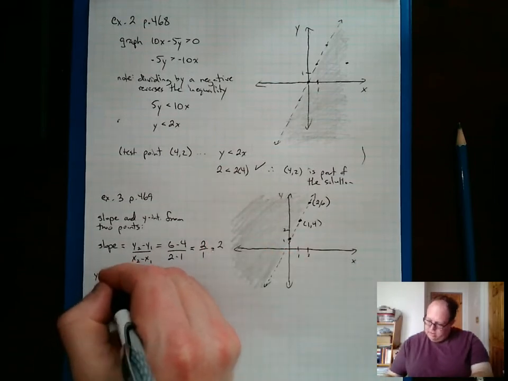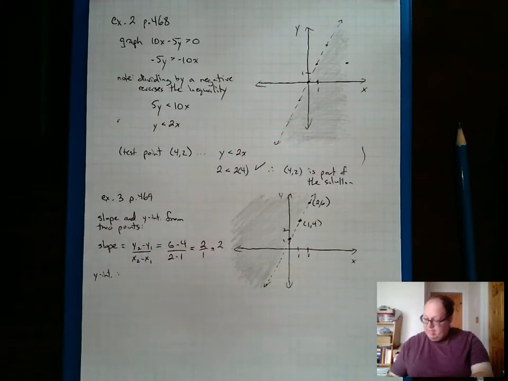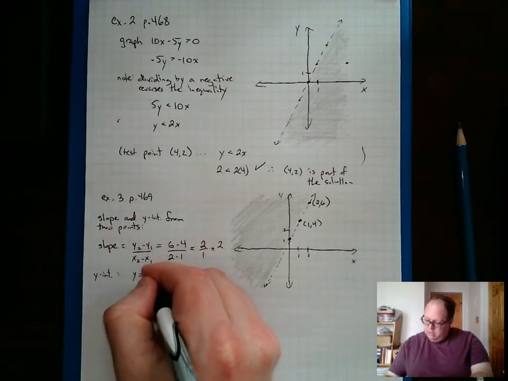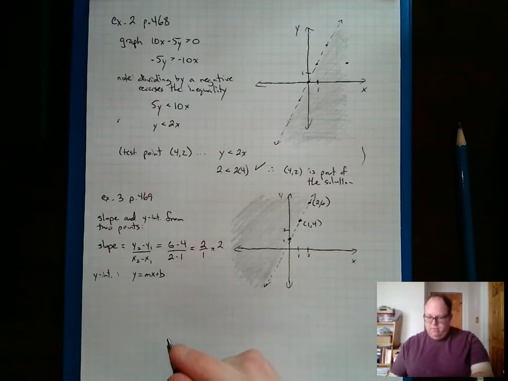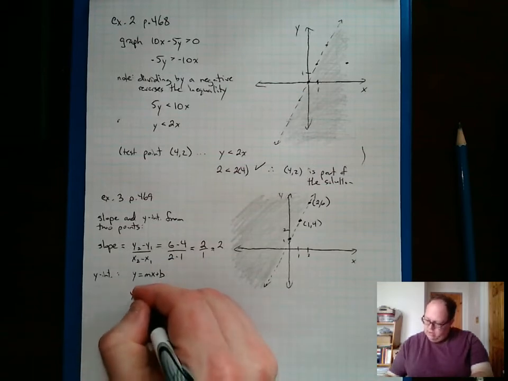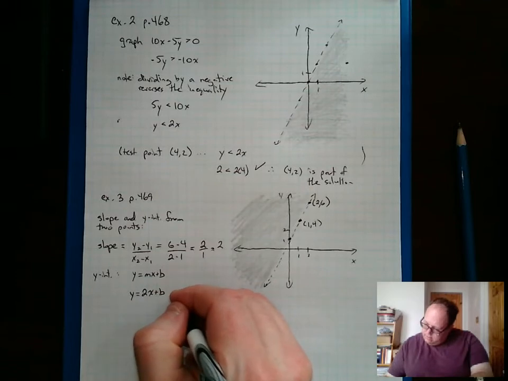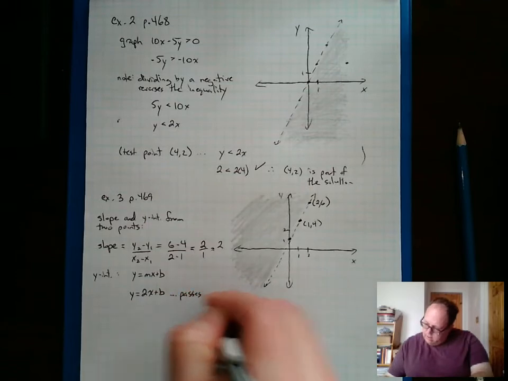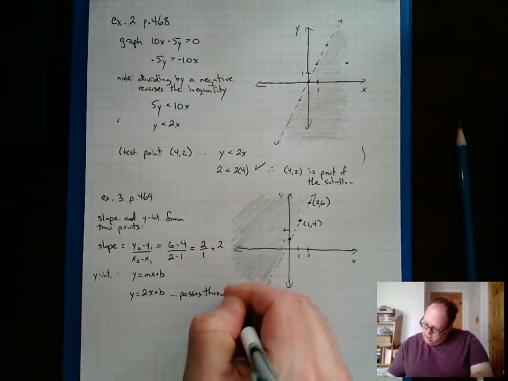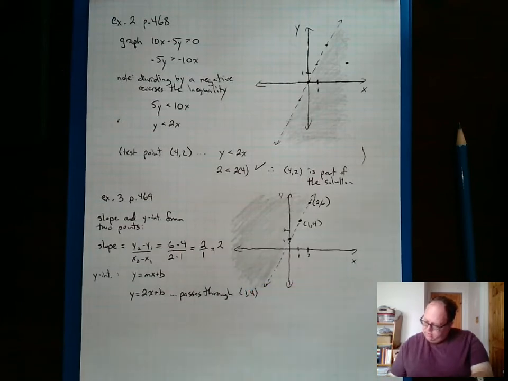Now the y-intercept. I set up my equation in y equals mx plus b form. Only now I know my slope is 2, since I just worked that out. I know that it has to pass through these 2 points. So I'll work off the first one there, 1 and 4. It doesn't really matter which one I pick.